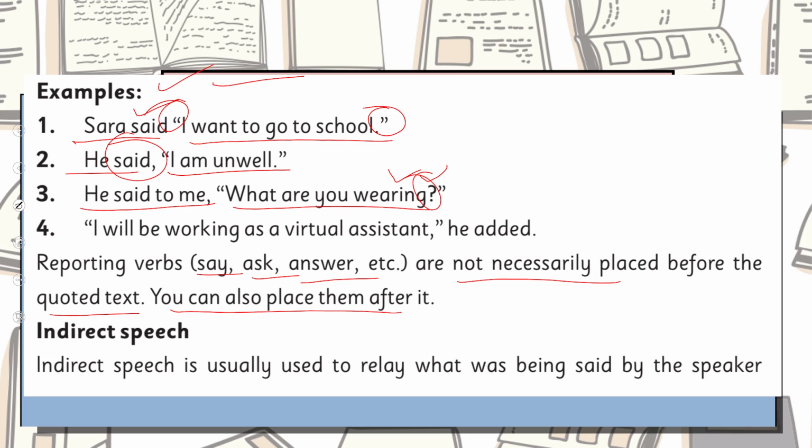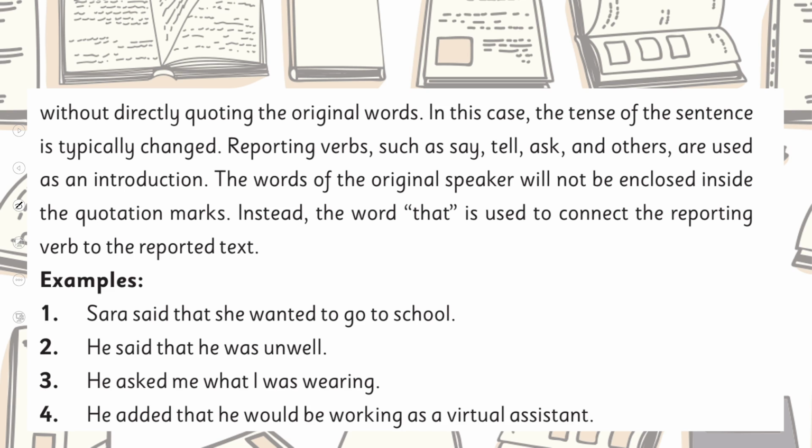You can also say, "I am unwell," with quotation marks, he said. So, you can use these reporting verbs at the start or at the end. Now, in indirect speech, this is usually used to relay what was being said by the speaker without directly quoting the original words.